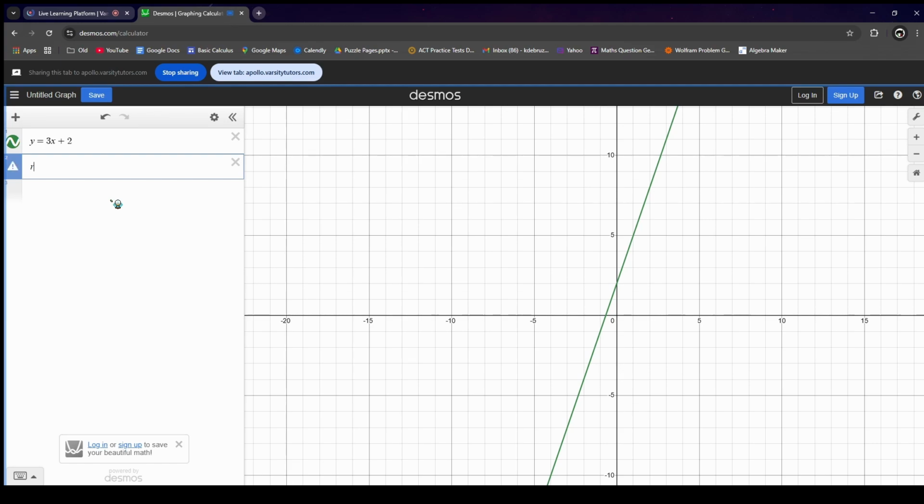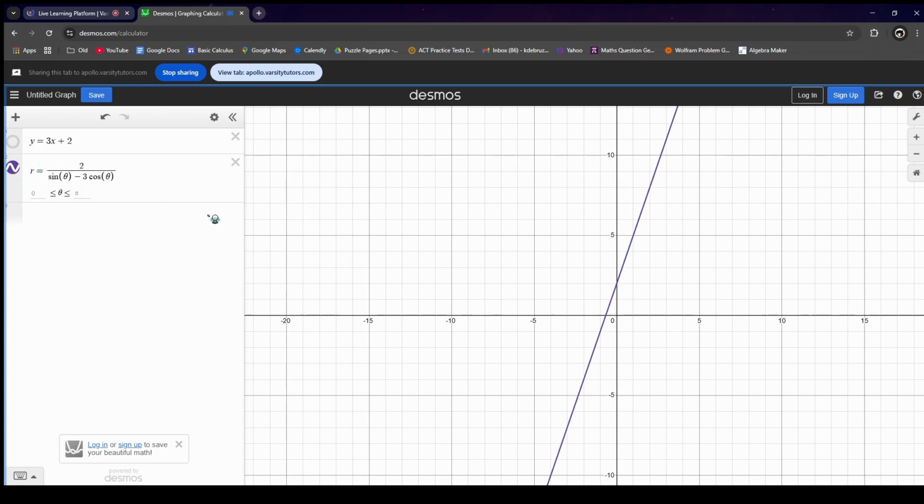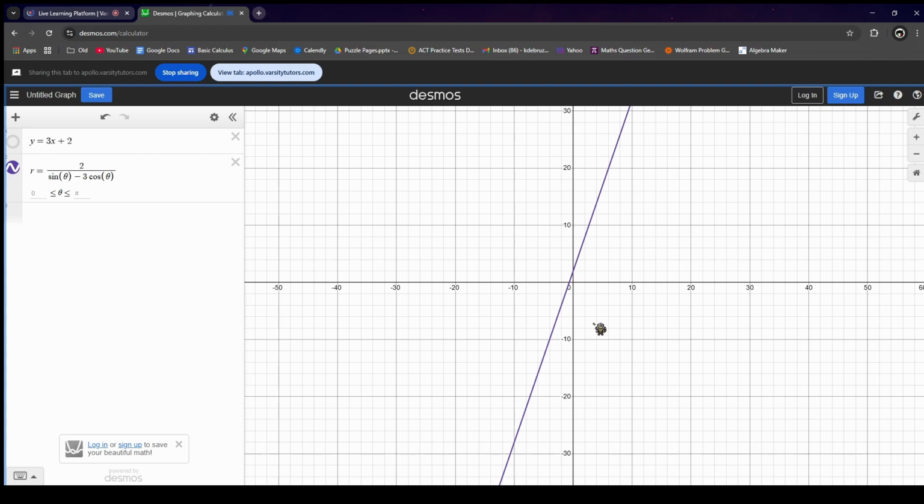So it would be r is equal to 2 over sine of theta, and you'll see that it produces a straight line. Huh, okay. So it works. It just looks weird. So you need to overcomplicate it to simplify.